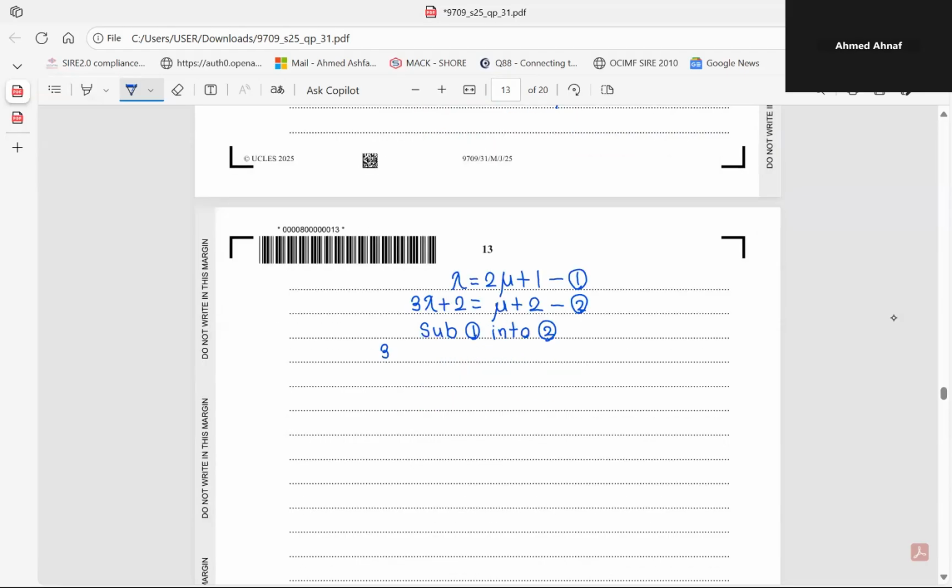That would be 3 times (2 mu plus 1) plus 2 equals mu plus 2. So 6 mu plus 3 plus 2 equals mu plus 2. Moving everything over to the left-hand side, 5 mu plus 3 equals 0, so 5 mu is minus 3, and mu is minus 3 over 5.